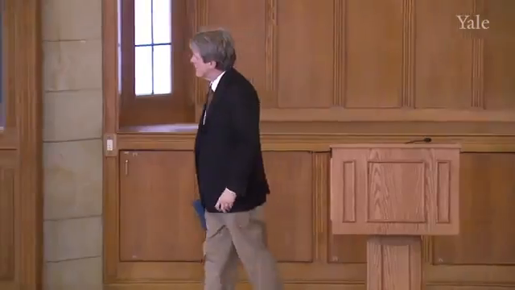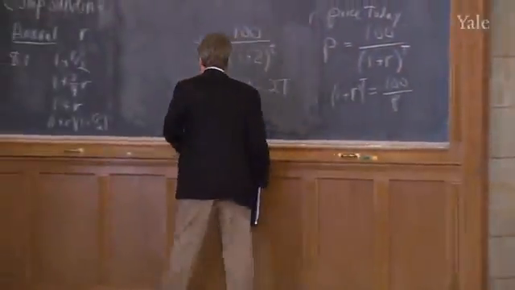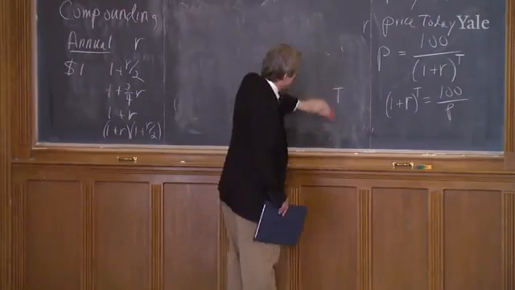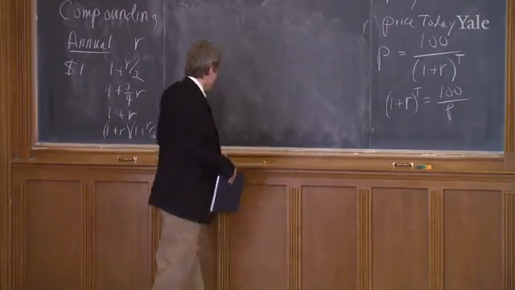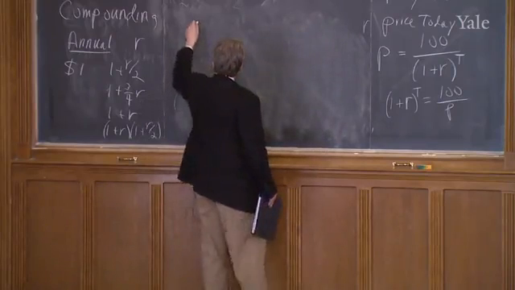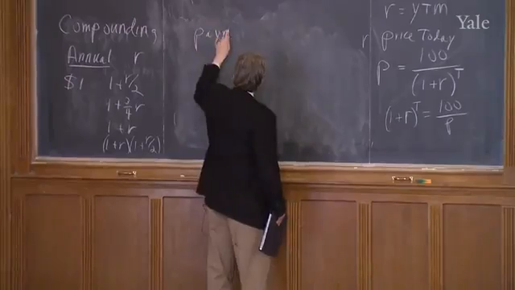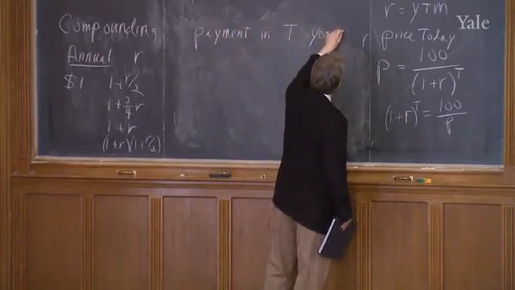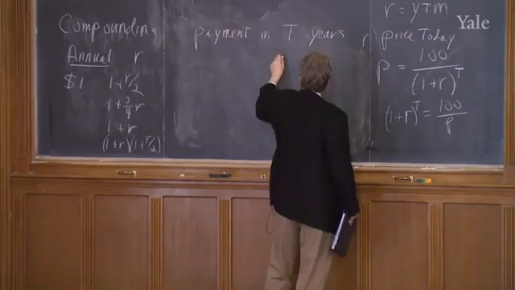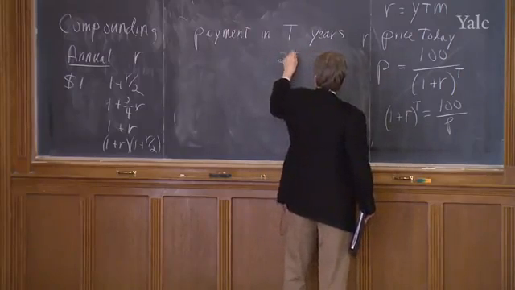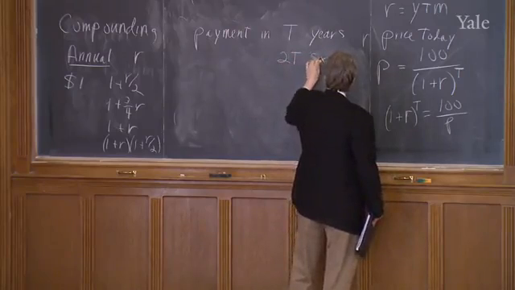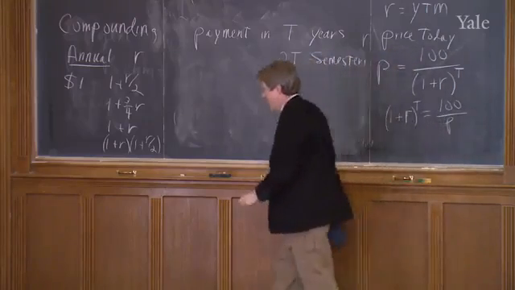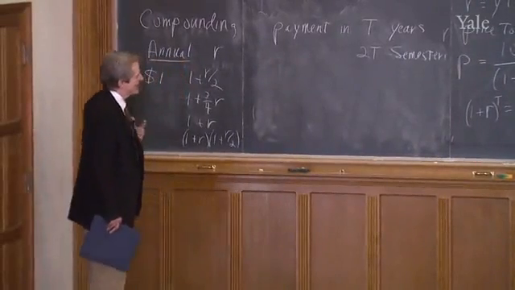Now, a fundamental concept in finance is present discounted value. If you have a payment coming in T years, or 2T 6-month periods, we could say semesters, then the present value depends on how I compound.